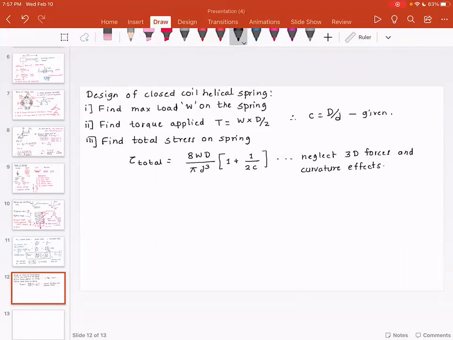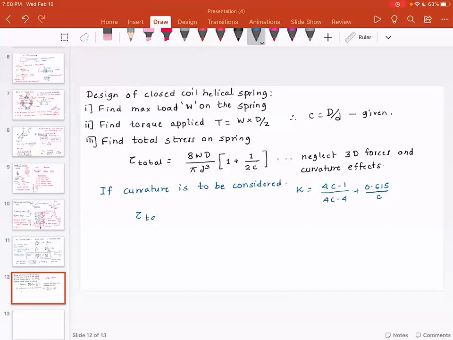If they ask us that the curvature should be considered, so if curvature is to be considered, then K, which is the Wahl's factor, is (4C minus 1) divided by (4C minus 4) plus 0.615 divided by C, and tau total is equal to this factor K times 8WD divided by pi d cube.